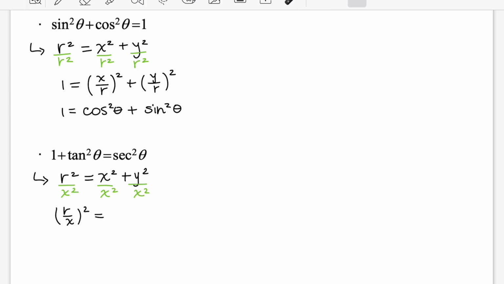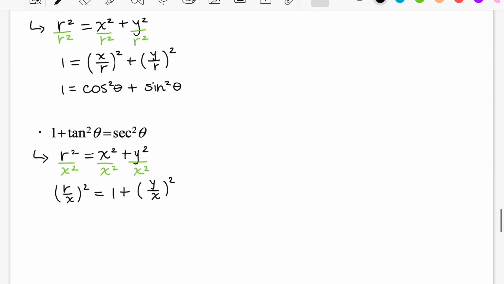On the right-hand side here, we have x squared over x squared, so that'll be 1, plus y over x squared. Remember, r over x is going to be the reciprocal of cosine, so this will be secant squared. And then y over x is going to be tangent, so this will be tangent squared theta. And that's exactly what we have up here.